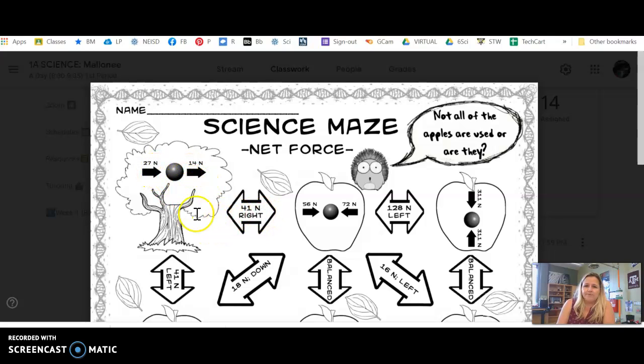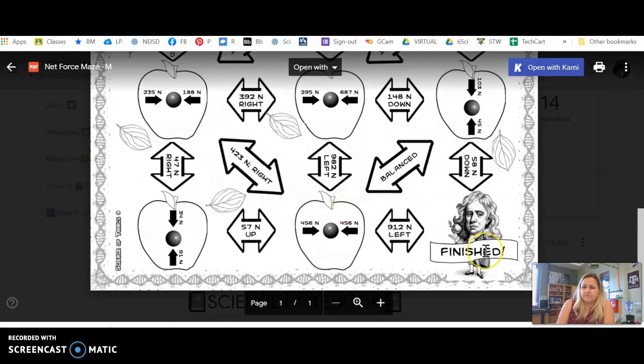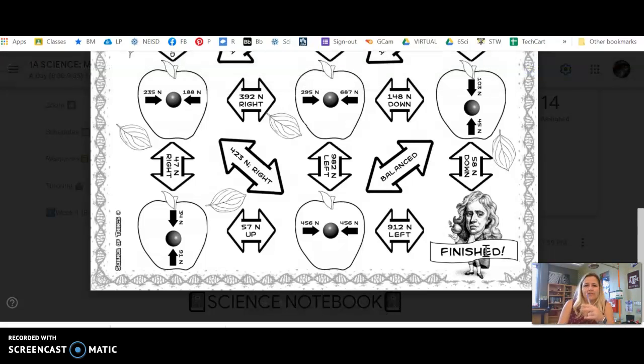It's either 41 newtons to the right or 41 newtons to the left, and you'll use the Kami marker to draw on it to work your way through the maze, right? And then you'll turn it in just like you normally would on Classroom. Okay, so work your way through. Just in your science notebook, you can make a page to do the math on it.